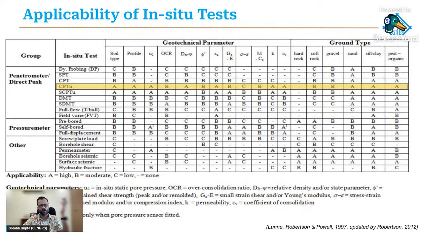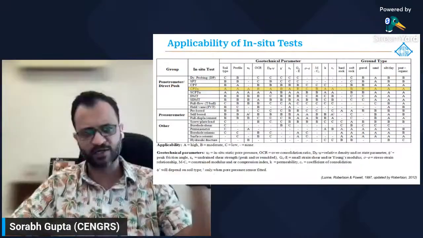In terms of geotechnical parameters, CPT has very high applicability for determination of soil type, for soil profiling, for determination of pore pressures, and so on. You see most of the parameters are A and B, right? So it's a very robust test, and you compare that with SPT. SPT, surprisingly, has fairly low applicability for most of the geotechnical parameters.